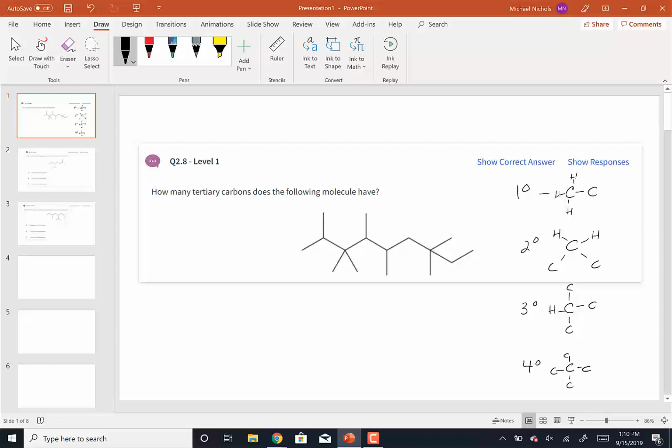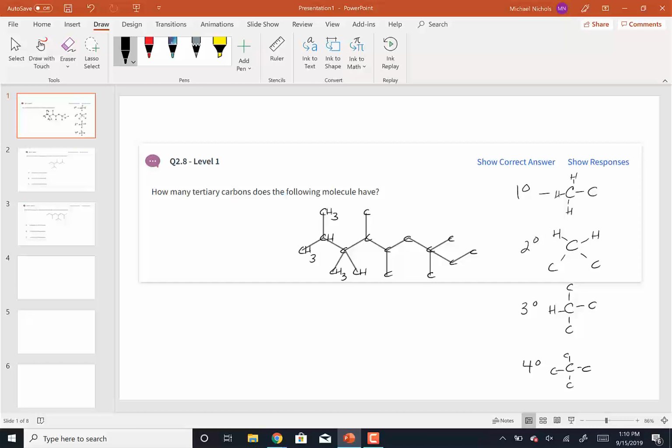So with this type of line bond structure, the easiest thing to do is to start by putting in carbon atoms at the ends of the lines and at the intersections of the lines. And then adding enough hydrogens to each to give you four and only four bonds. So for instance, this would be a CH3, this would be a CH3, that would be a CH.